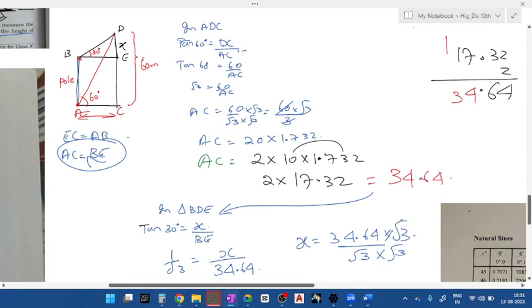So if you want to find AB, we need to find EC. To find EC, we need to find the value of x. It's in the second triangle.